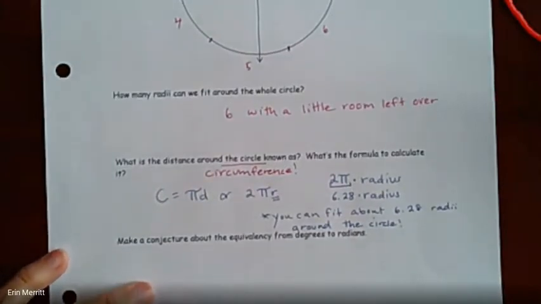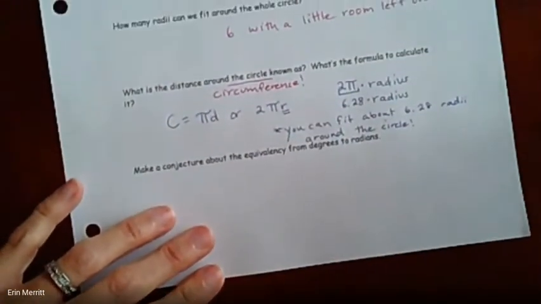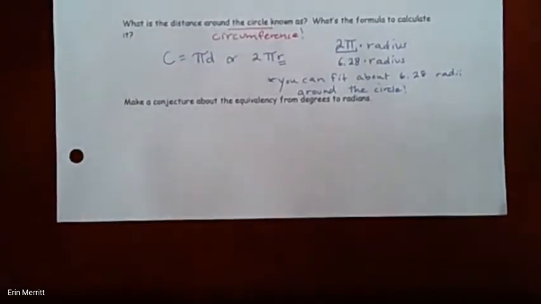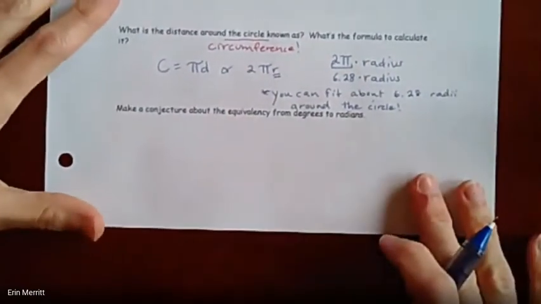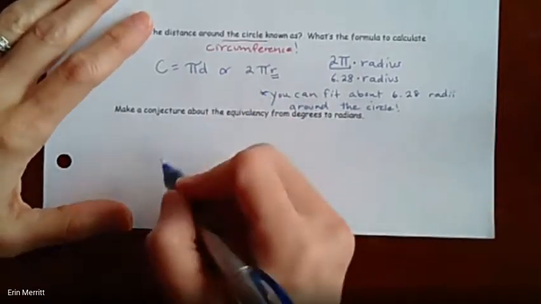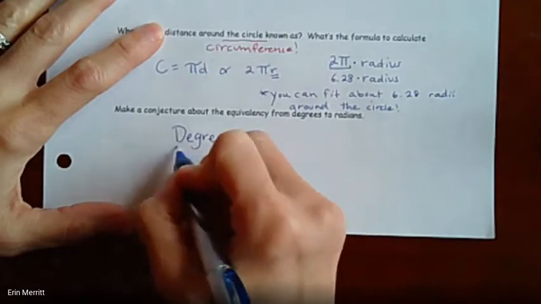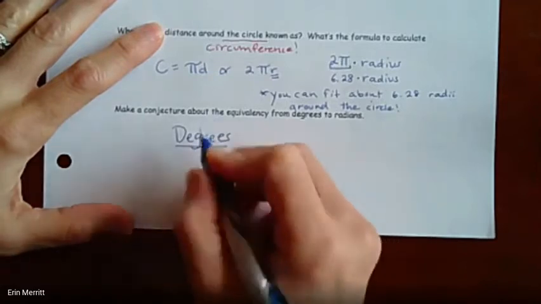So the last part, how does that help us go from degrees to radians? Well, I want to go back to the idea of what is the distance around a full circle. Well, in terms of degrees, a full circle we know is going to be 360.